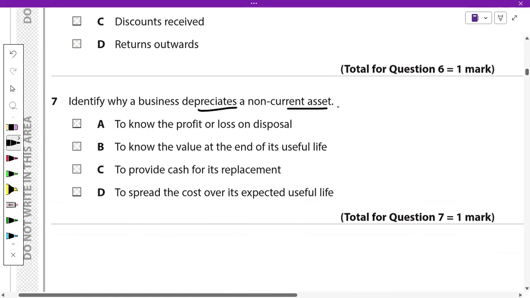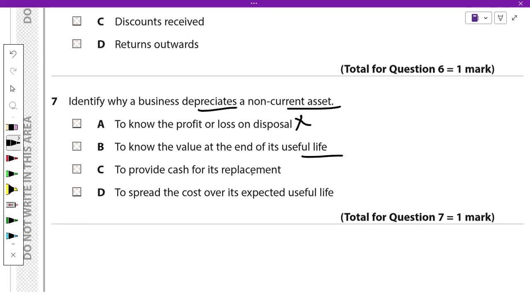Identify why a business depreciates non-current assets. To know the profit or loss on disposal, no. Because if you want to find out the profit or loss on a disposal, we have to find the difference between net book value and sales proceeds. To know the value at the end of its useful life, basically it is not the right option.